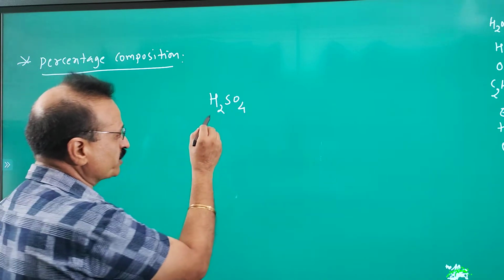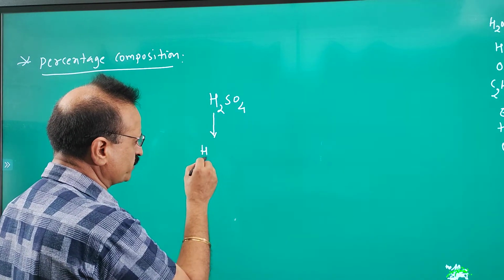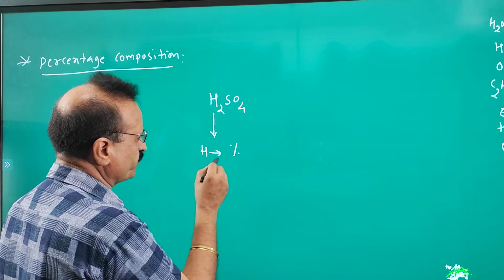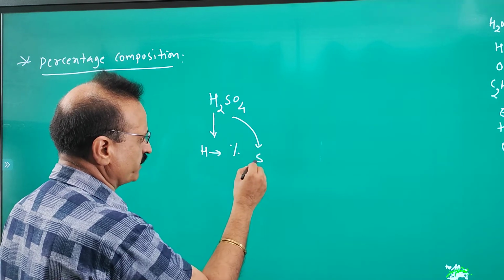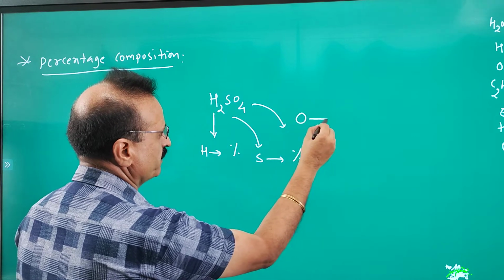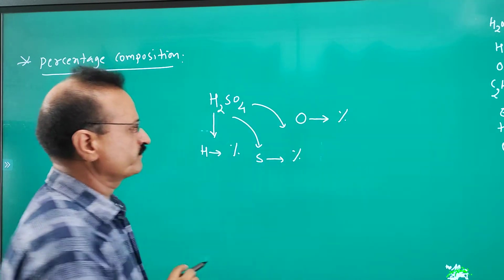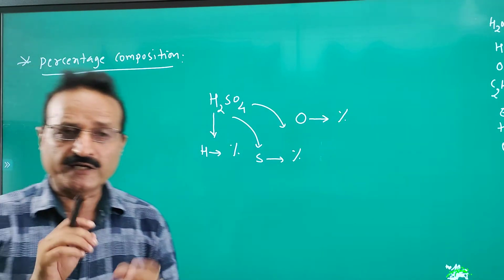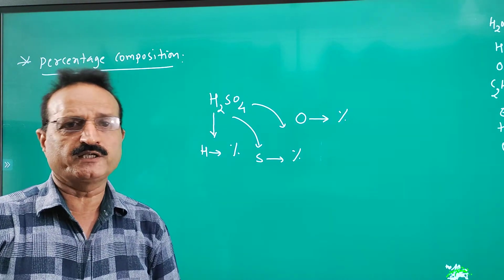So now we are going to discuss the percentage of hydrogen, sulfur and oxygen in H2SO4. That is called percentage composition.